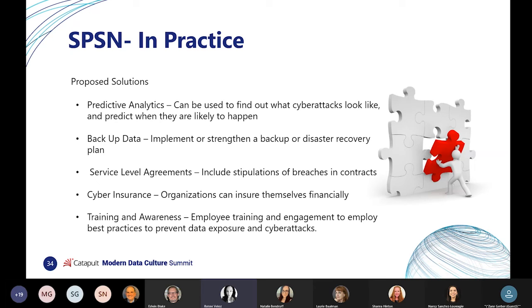Also backing up data, so you can implement or strengthen a backup or disaster recovery plan, or maybe if you don't have one, this is a time to put one together. Service level agreements. A lot of the data is managed by third parties, sometimes in corporations.